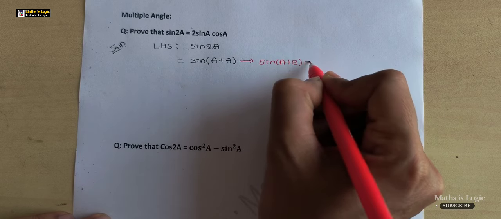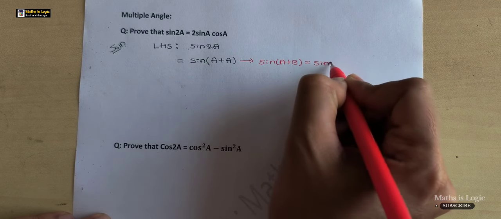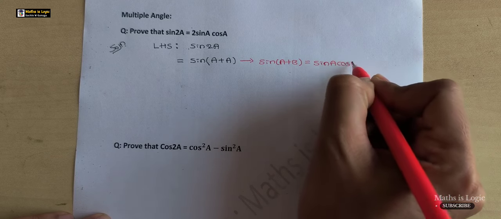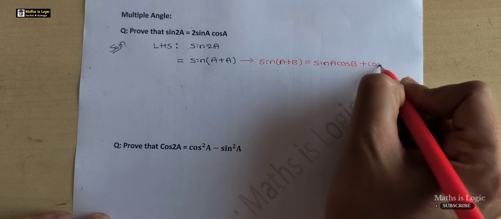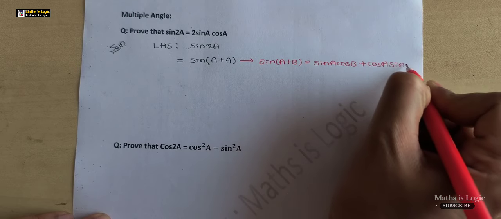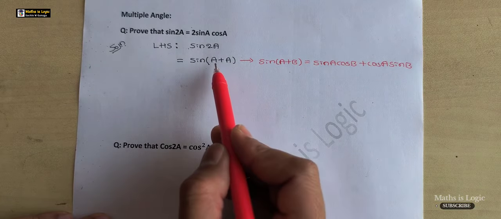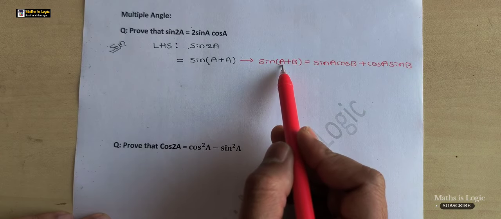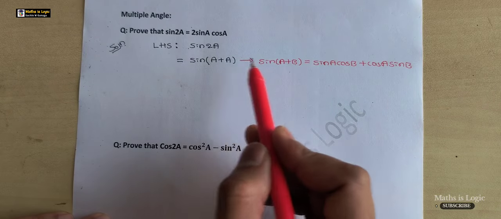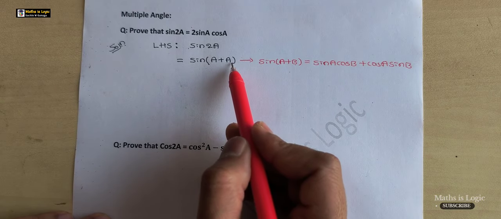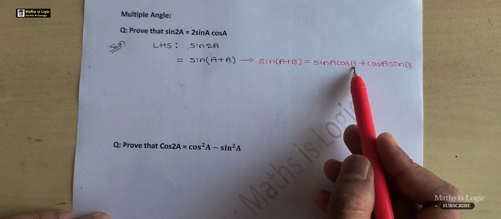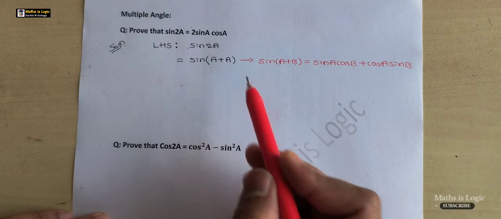What is the formula for sin a plus b? Sin a cos b plus cos a sin b. Remember, here a means a itself, but in place of b again you have to replace by what? A. That means wherever b comes you have to replace by a.